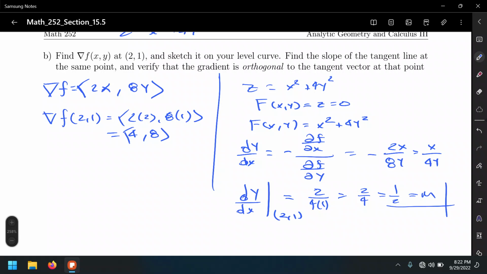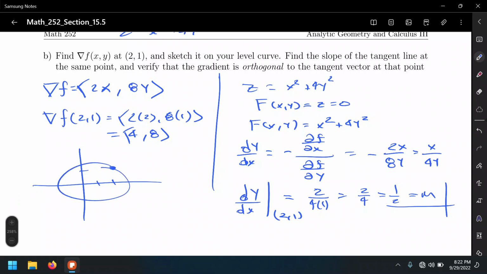All right. We have this ellipse. So we have the point 2, 1, and we have this slope, some ellipse here.